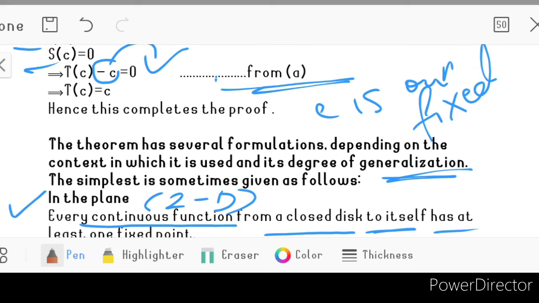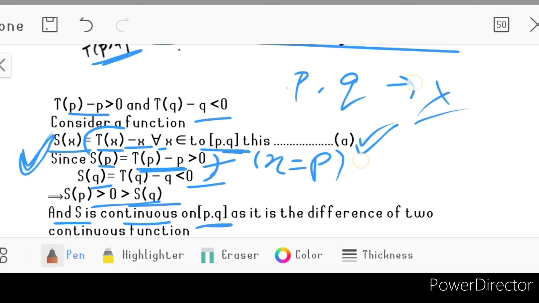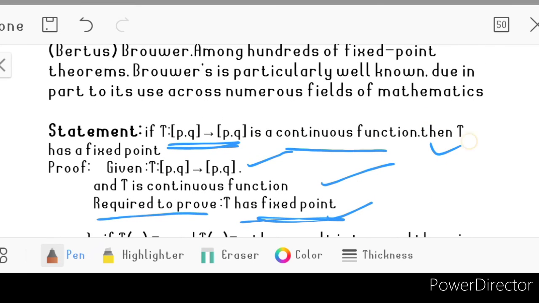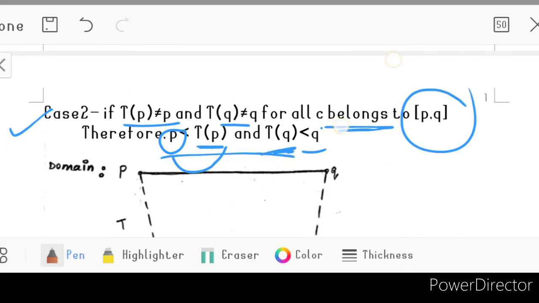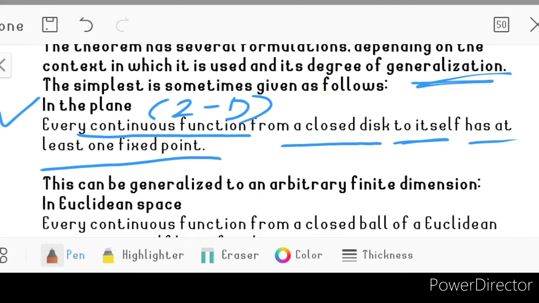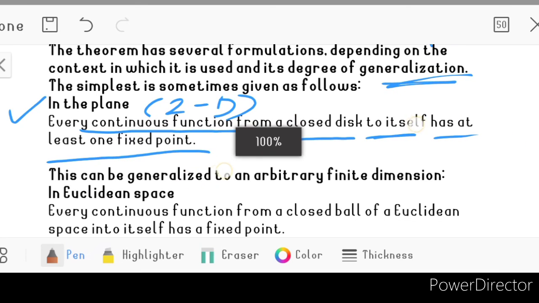This is what our theorem says, that every continuous function T has a fixed point. So while talking about the plane, that is 2D, we say every continuous function from a closed disk to itself has at least one fixed point.